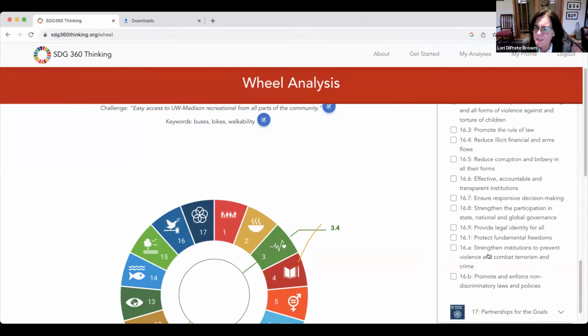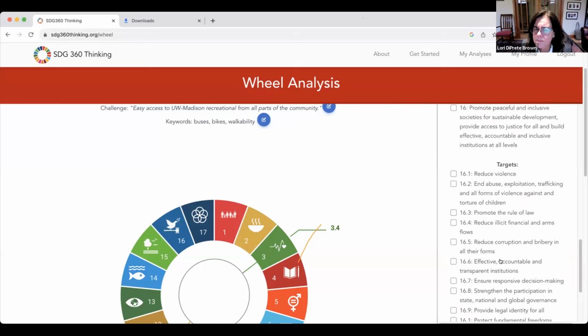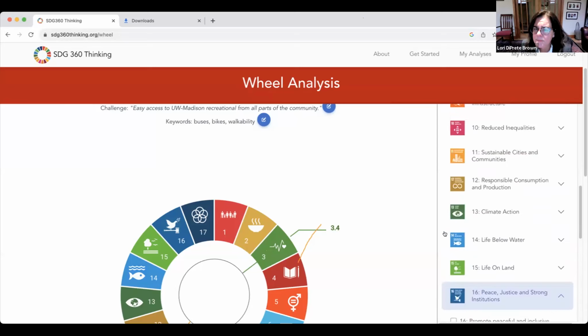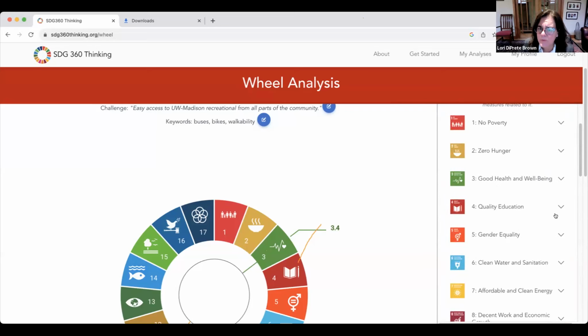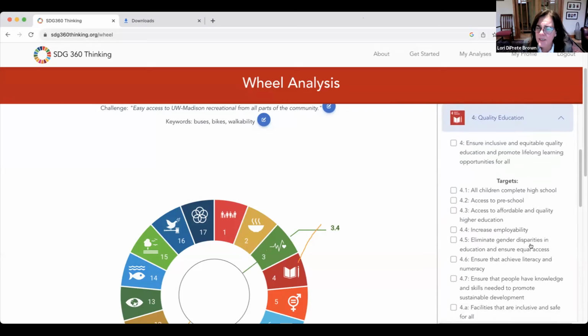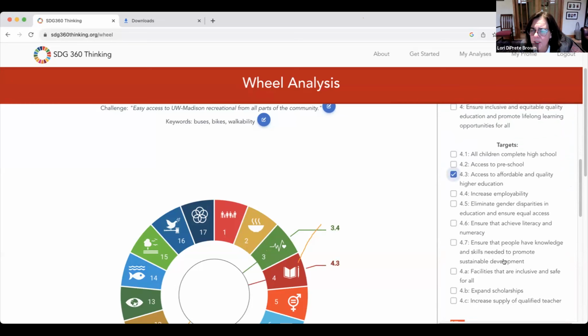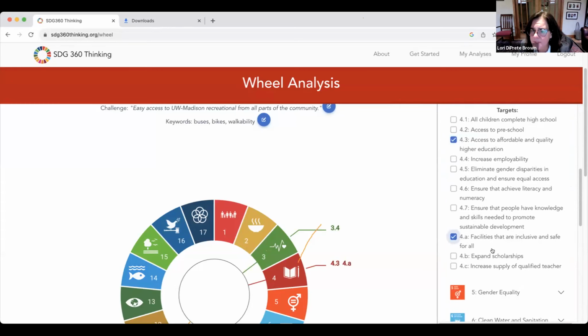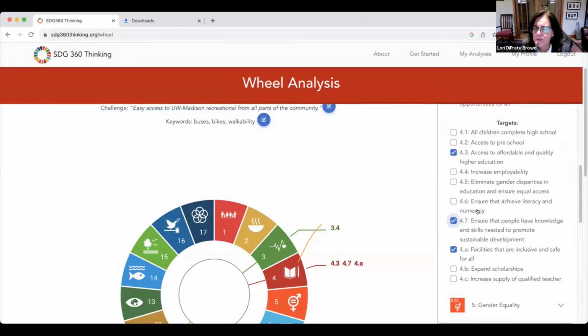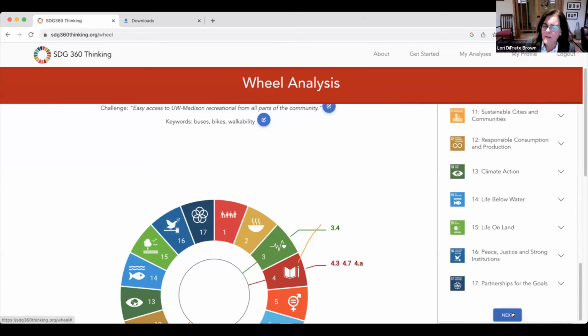Because UW is an institution. I think what I'm going to do is go to number 4 because UW is an education institution. So access to quality higher education, facilities that are inclusive and safe, and the access is part of that. Making sure people have the knowledge for global development could be an indirect one. So let's say I've done it, you know.